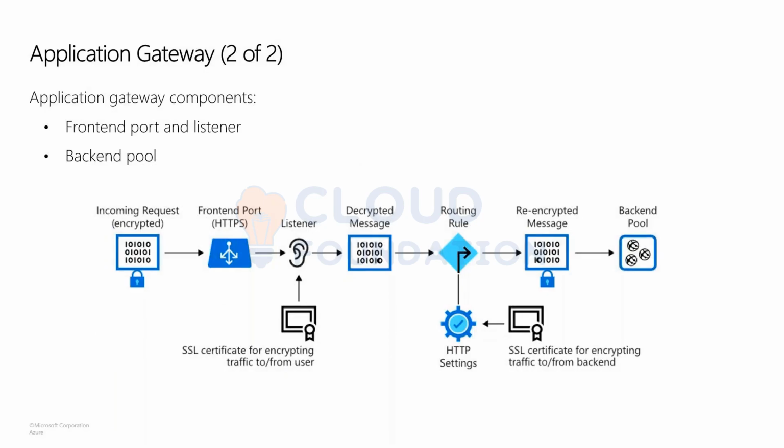As part of application gateway, how it works is whenever you receive an incoming request, this will be an HTTPS request. You have your listener, and you have your SSL certificate configured over here. Once the encryption is handled, you can specify your HTTP settings over here. And on this routing, you can specify your routing rule, which will convert all these HTTPS requests into HTTP.